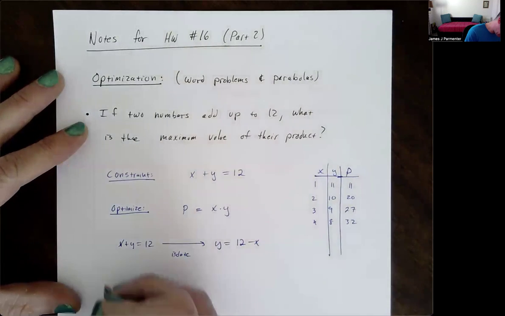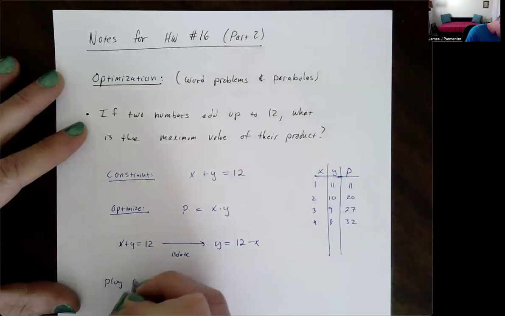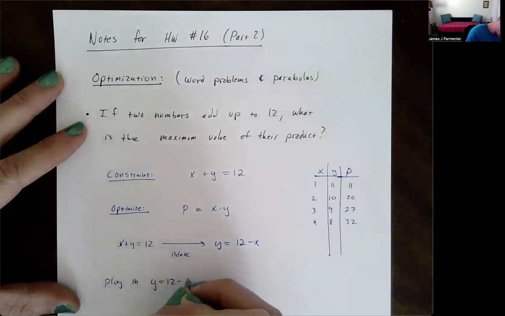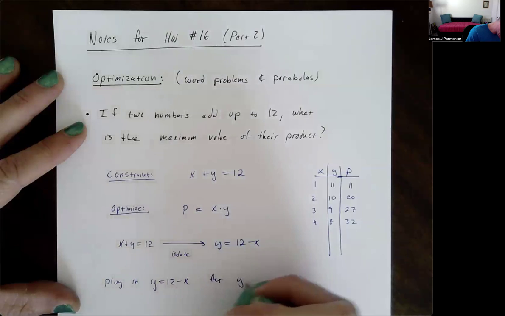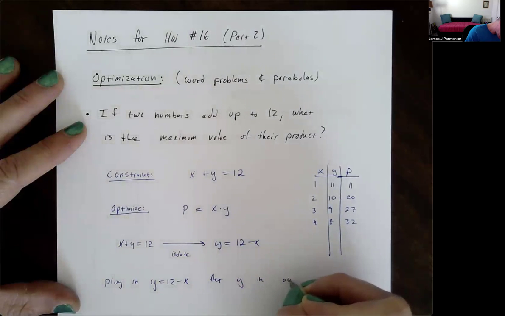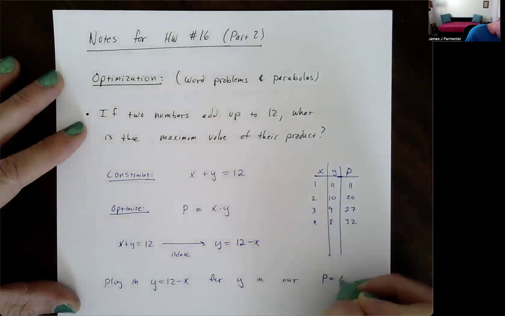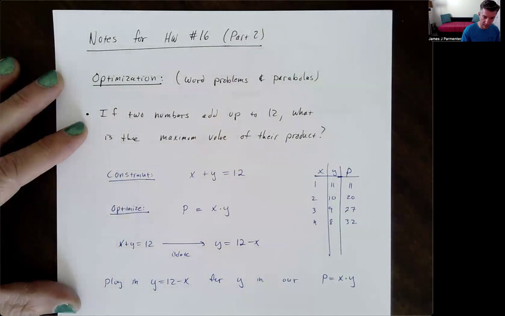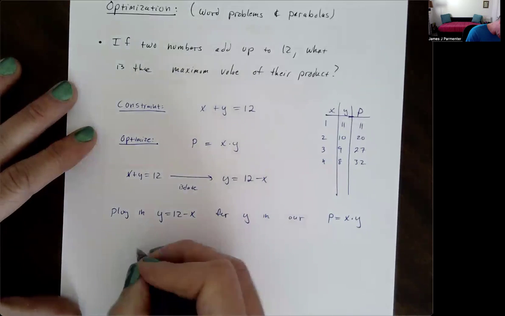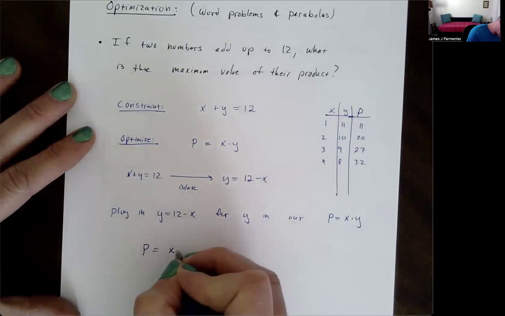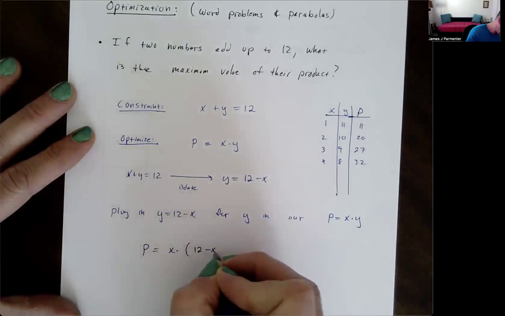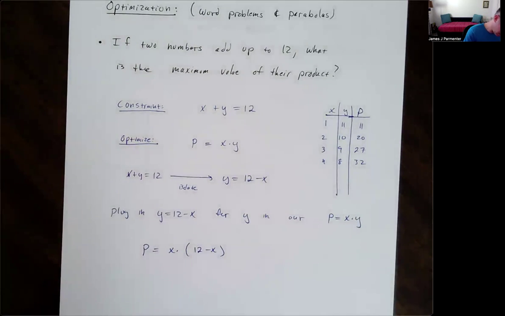And now we're going to plug in y equals 12 minus x for y in our optimization equation, P equals x times y. So now our product is x times 12 minus x.